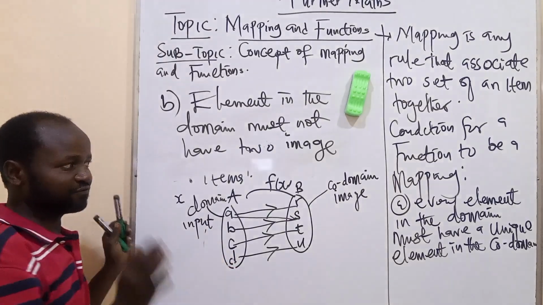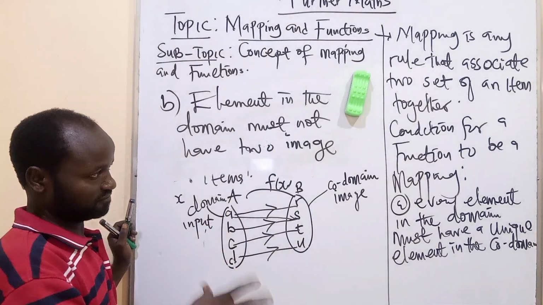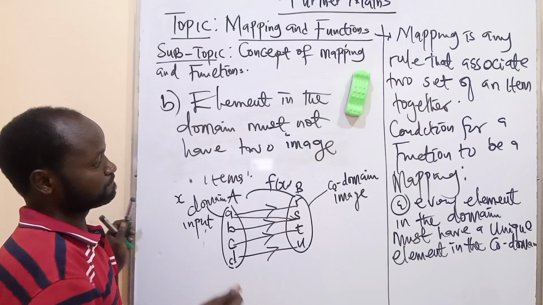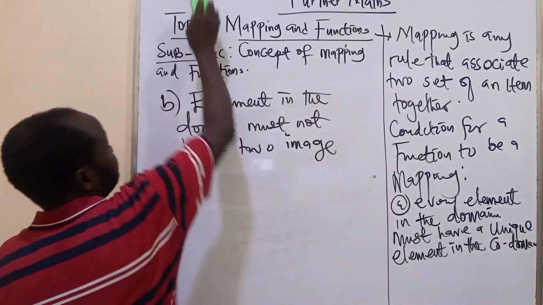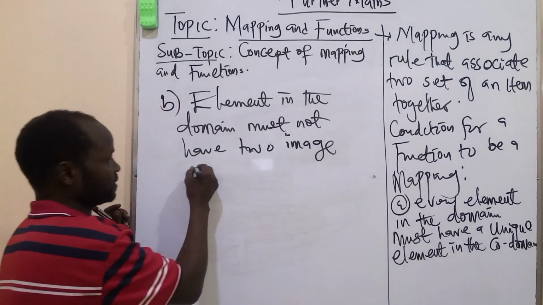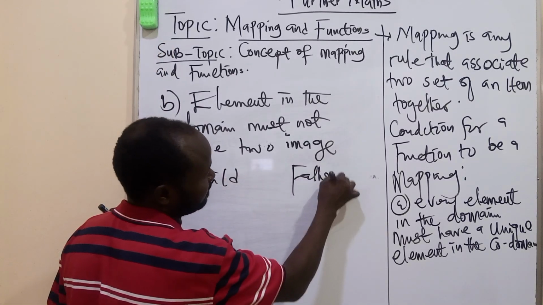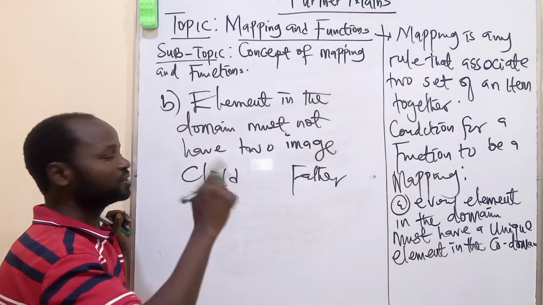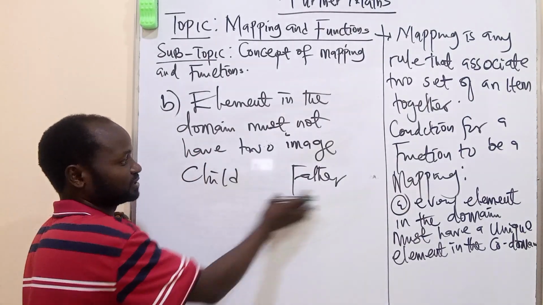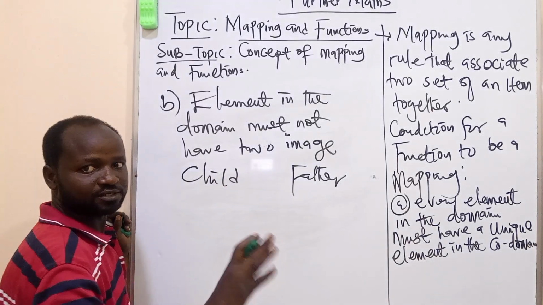In other words, every function is a mapping, but it's not every mapping that is a function. Let me illustrate. Let's say we have a child and a father. It's expected that every child must have a father. There's no way that a child is having two fathers. It's not possible, biologically speaking.